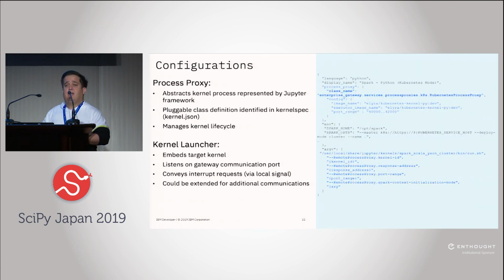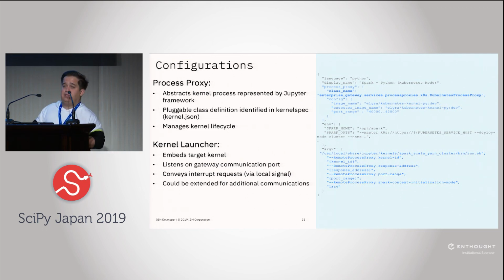Enterprise Gateway brings two new components to that configuration. Process proxies define which resource manager you're using, so Kubernetes versus Yarn. And the kernel launcher is a wrapper around the kernel that helps initialize and provide the configuration back to the notebook and the gateway so that you can do the connection there.